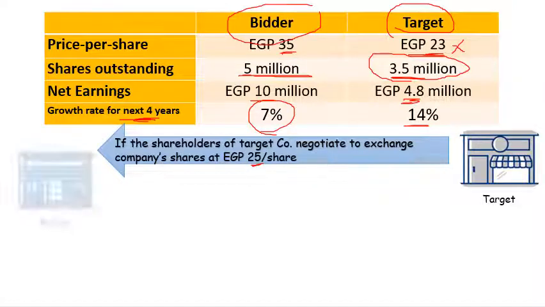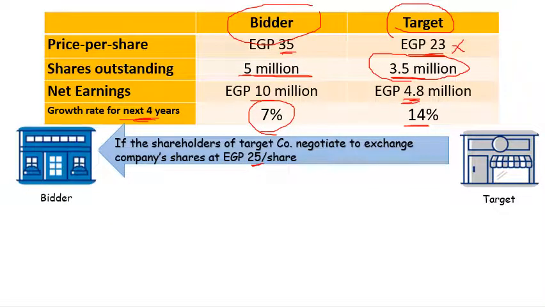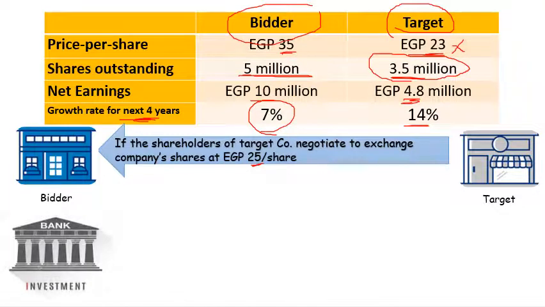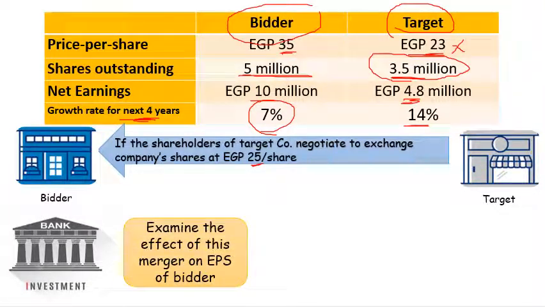Then the bidder, or the acquiring company, asks its investment bank to examine the effect of this merger at 25 Egyptian pounds on its earning per share over the next 5 years.